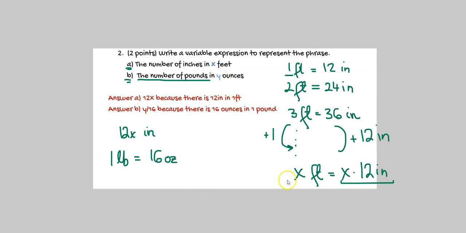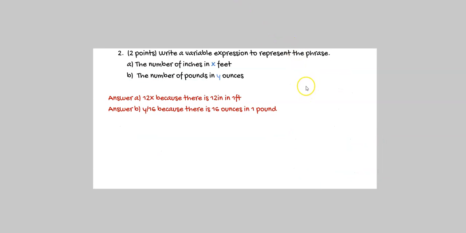We can use the same approach here. What if we have 16 ounces? We will have 1 pound. If we have 32 ounces, how many groups of 16 ounces do we have?